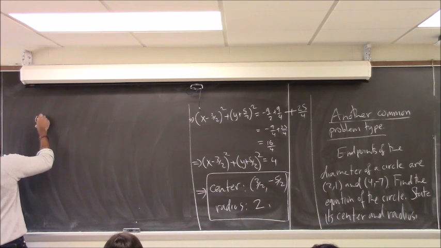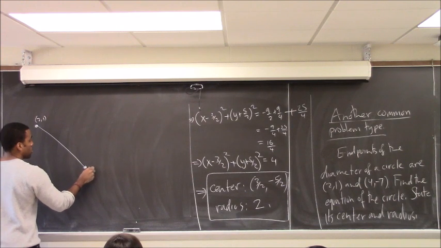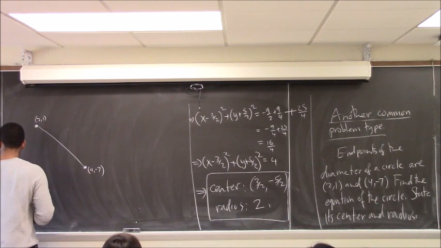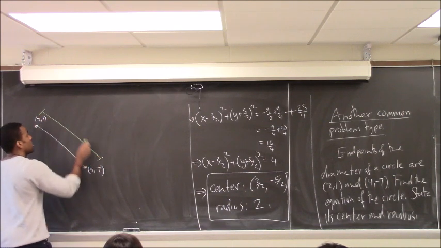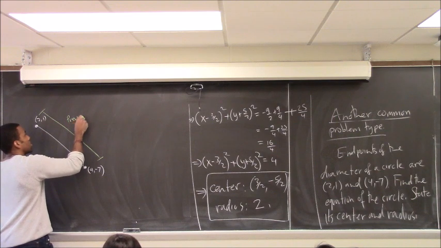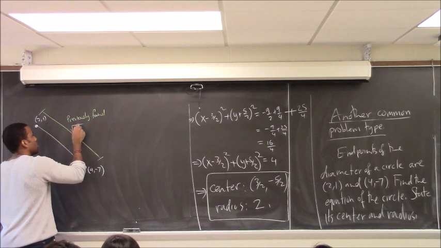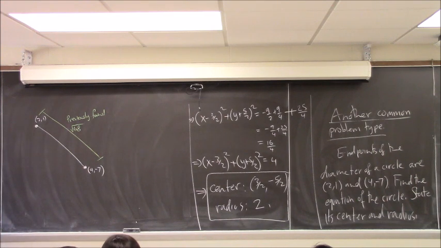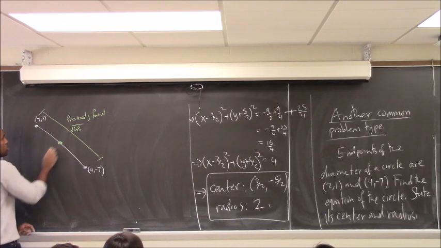It was 2, 1, and then connected down here was 4, minus 7, and we actually found the length of this whole thing. So we previously found that this was radical 68. If we didn't find it, we would find it. The other thing we would also have found is the center, the midpoint between these two, which we did. That was 3, minus 3.